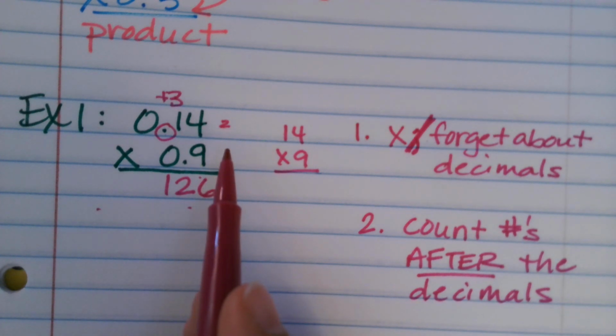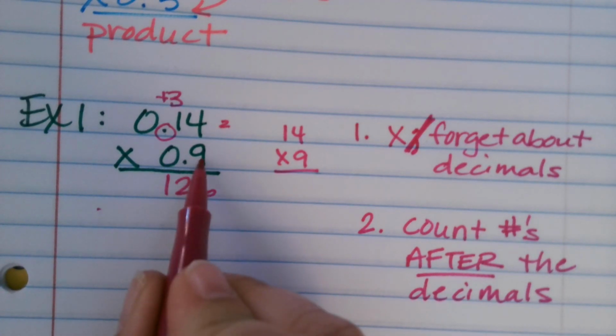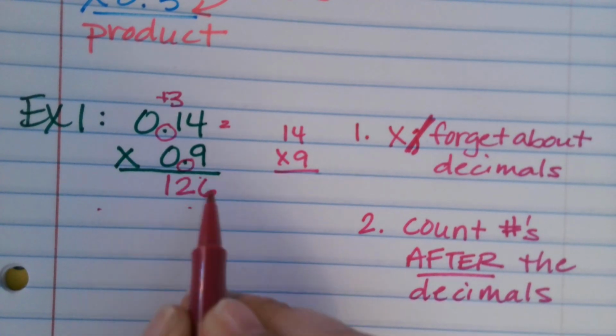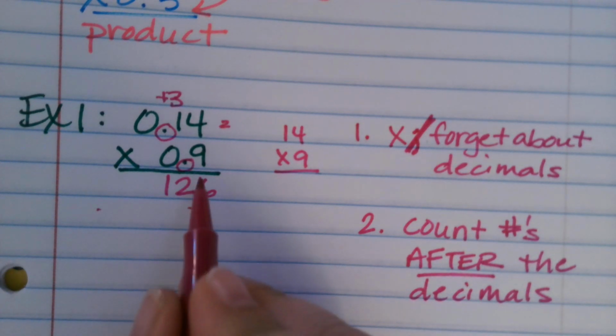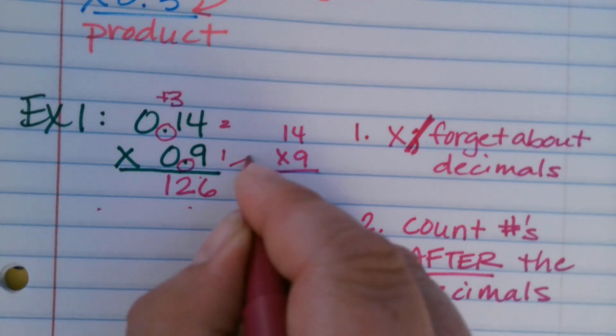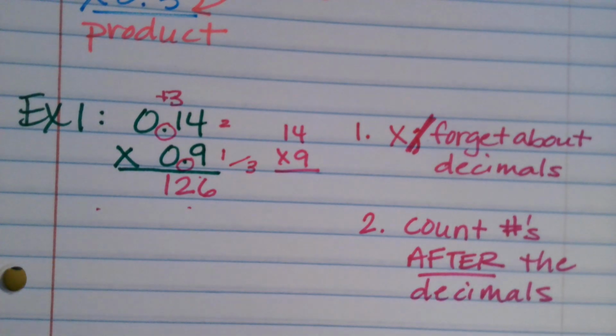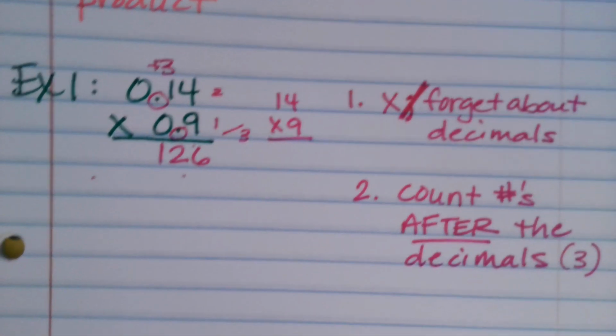Everybody okay here? All right, Holden, you good? All right. So looking at my second factor, 9 tenths, here's my decimal. I count how many numbers after the decimal? 1, just the 9. So how many numbers do I have after the decimal total? 2 and 1, so 3. Now, for this one, I'm just going to put a 3 here for that example, right?